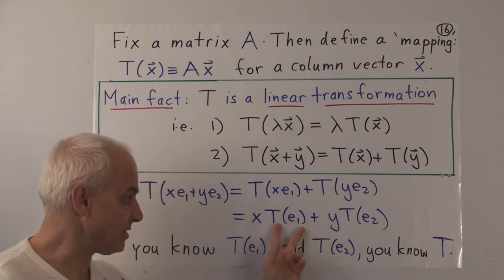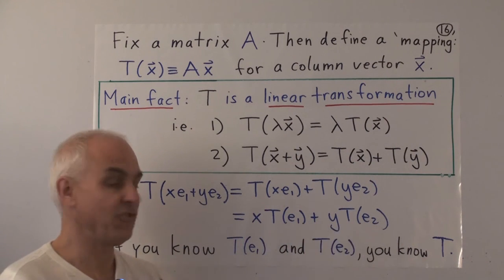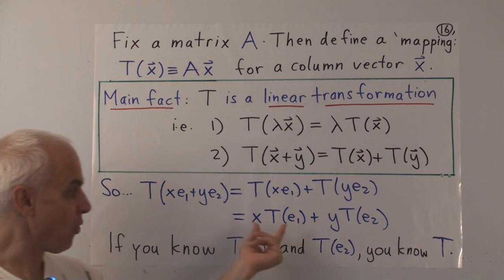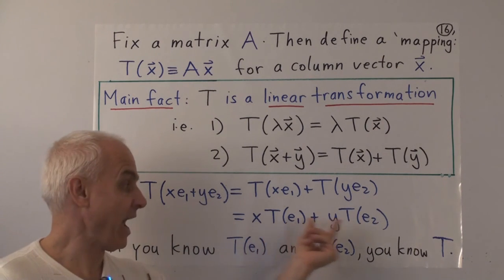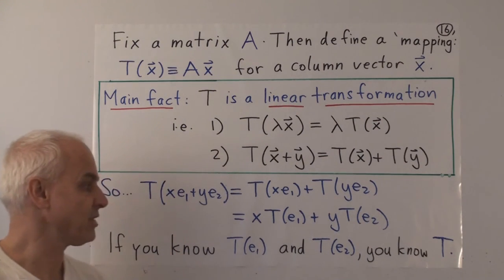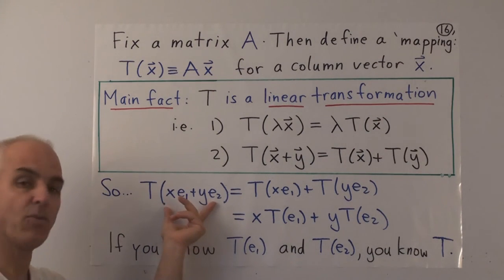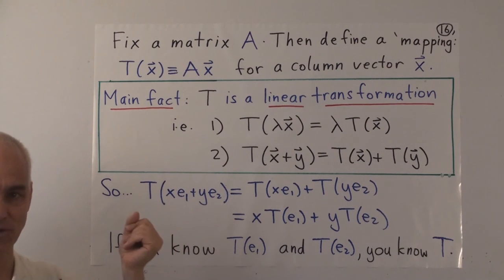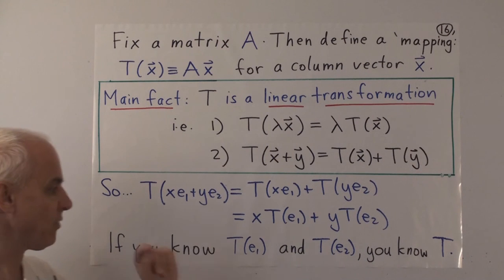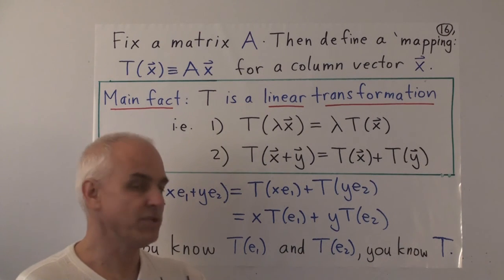So this is x times T of e1 plus y times T of e2. And that's telling us that if we know what the vector T of e1 is and the vector T of e2 is, just those two particular values for T, then we can figure out what T does to any vector. Right? So if you know T of e1 and T of e2, you know T.